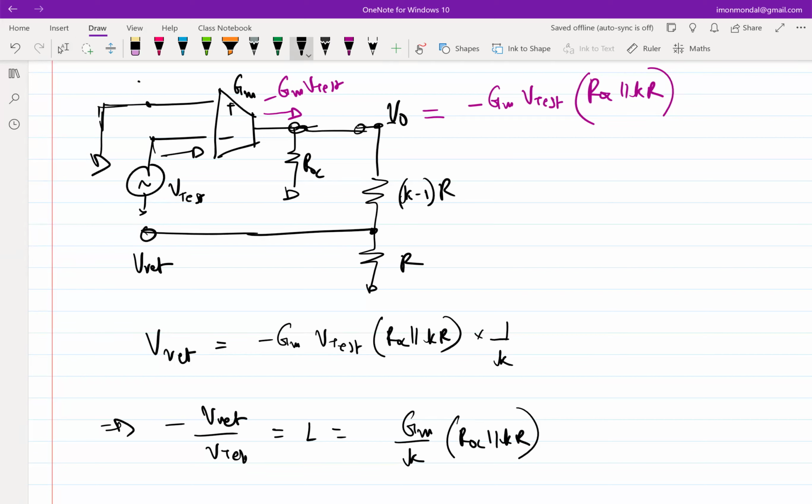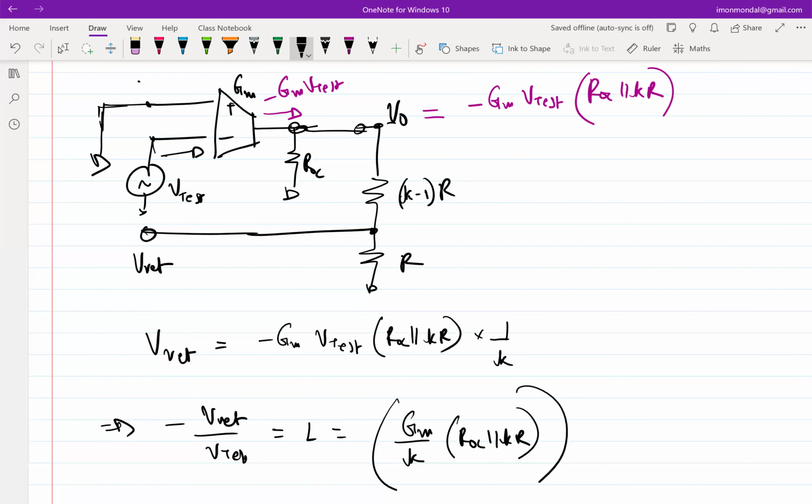So now we see that our loop gain expression is this. So we want this expression to be much greater than 1. So naturally, you see, there are two things to be done here. One is you ensure the GM over K, which you cannot change because that is what you want. So you want the GM to be as high as possible, or also you want this parallel combination of ROC and KR to be as high as possible. Okay.